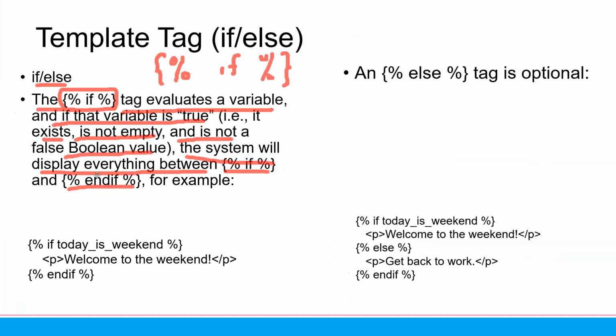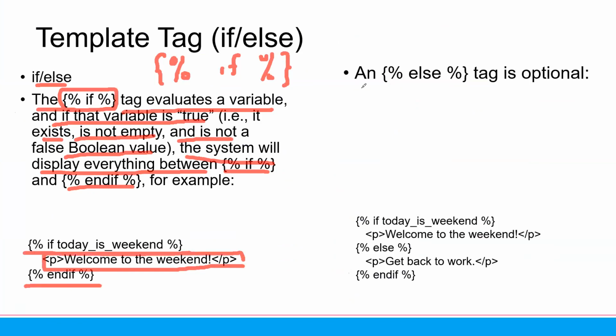In Python, I think it's easy when you define if, but in Django, you need to put an endif. So when you have the if, you need to put an endif. And in between, you can type any statement.